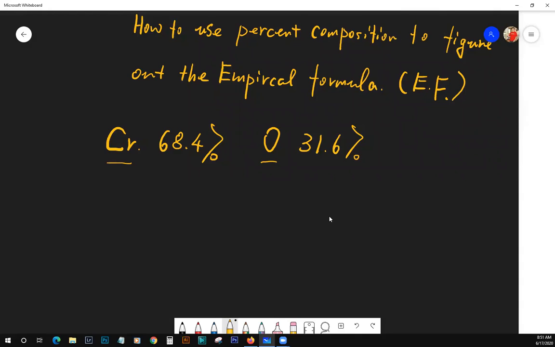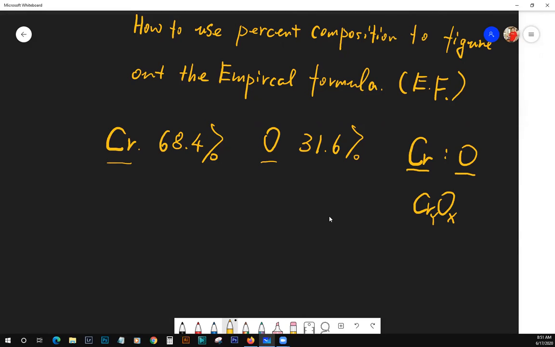This is what we need. Once we know the ratio, we will figure out what kind of chromium oxide it is, so we'll know what X and Y are. We need to find the ratios here.